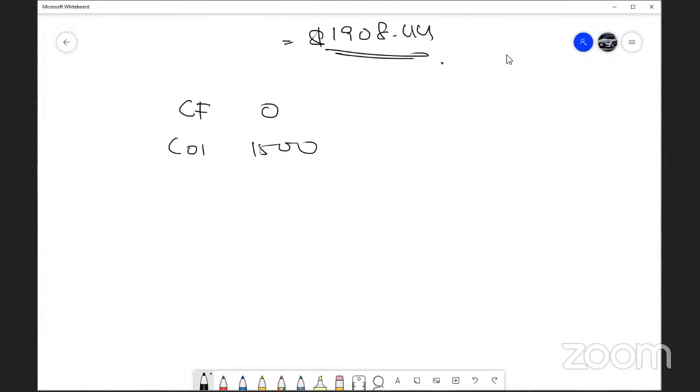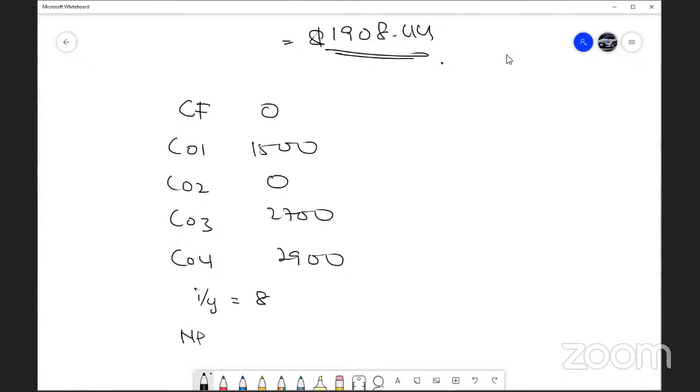Don't care about your F. Then cash at 02, you click 0. Cash at 03, you click 2,700. Cash at 04, 2,900. IY 8. And then NPV compute.